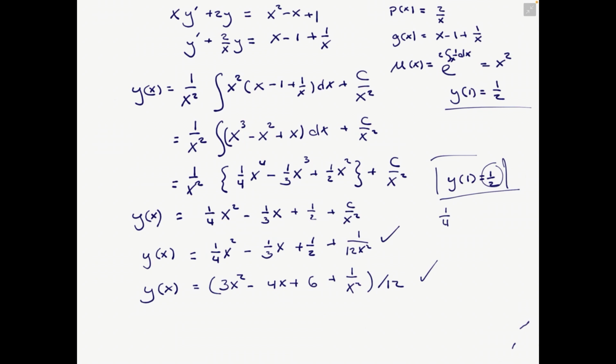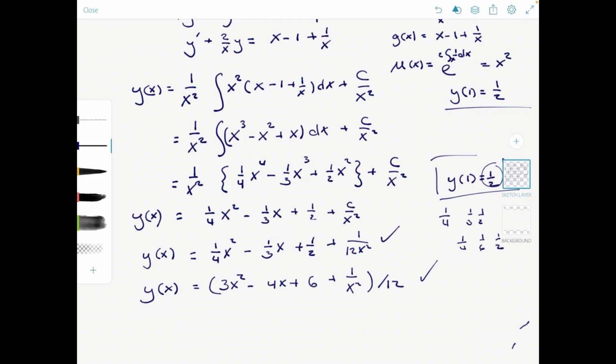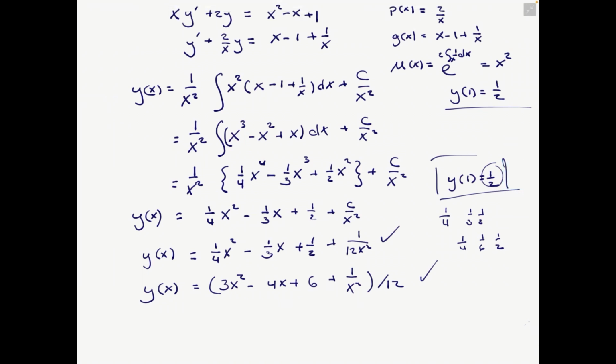So x squared was 1/4, x was 1/3 times 1/2, and so I had 1/4 and 1/6 and 1/2, and I tried to find common denominators for those, and that really screwed me up because I was looking for something totally erroneous.